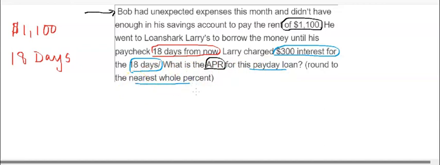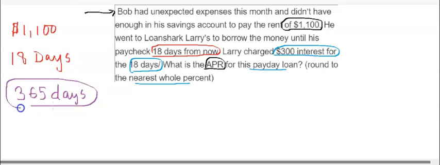First things first, we're talking about APR. Annual means yearly, and there are 365 days a year. Of course there's a leap year and all that, but on average we count 365 days a year. Now, he pays Larry $300 in interest in 18 days.